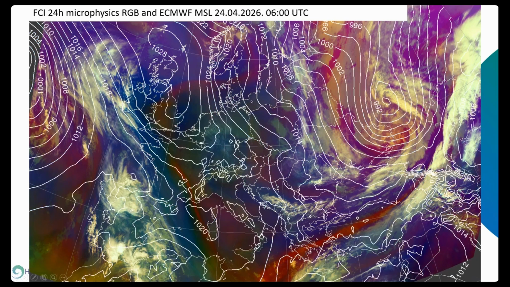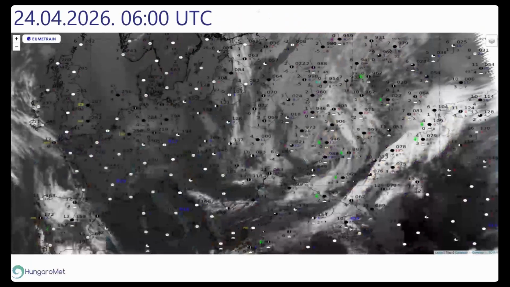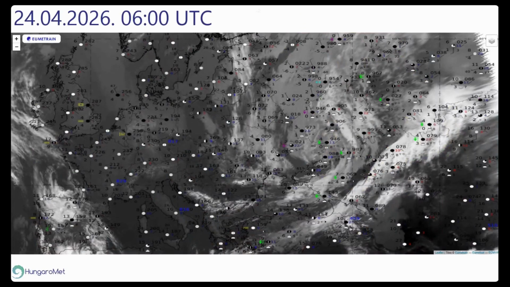So very nice. Actually, this is not a very exciting situation over Europe, but as we have tried to see where we have low-level clouds, I also put the SYNOP observations here on the map, and we can see that this verified what we were also seeing on the satellite data, that there were low-level clouds, fog in Britain, and also in the Benelux states, also some not very well seen here, but there were also some in Turkey.